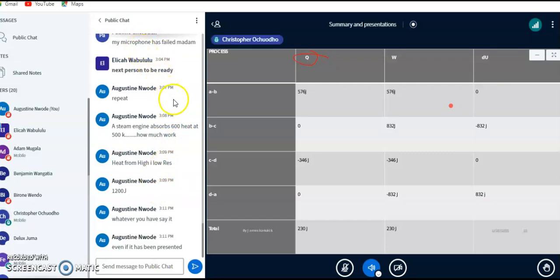And the second question is, a steam engine absorbs 600 joules of heat at 500 K and the exhaust temperature is 300 K. If the actual efficiency is only half of the ideal efficiency, how much work is done during each cycle? So those are what I had to add, and thank you very much.